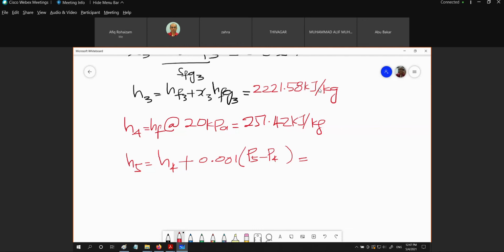Two five 4.4. Okay, 254.4. Right, so it's very small, right? The work of this is very small.